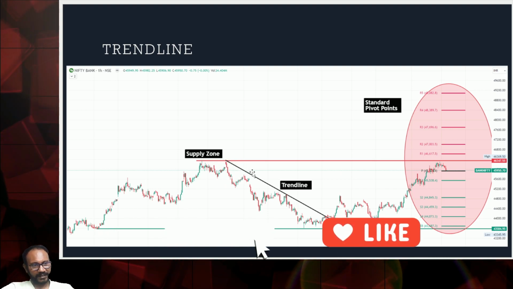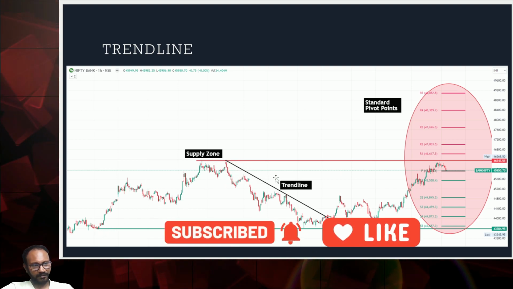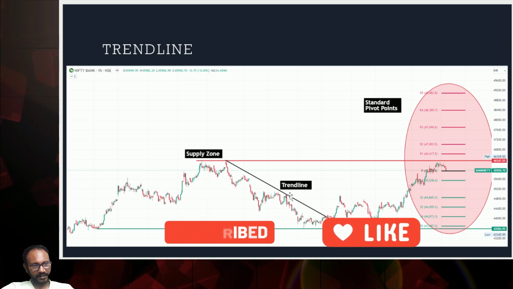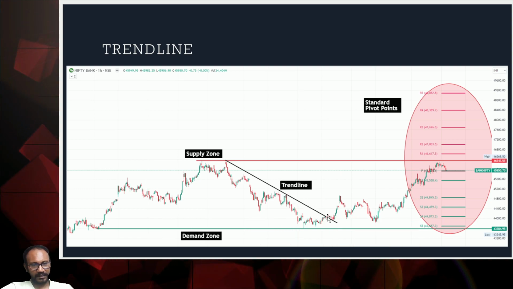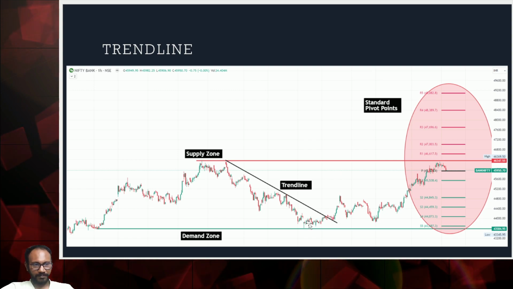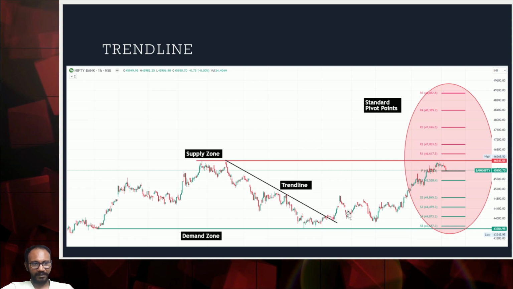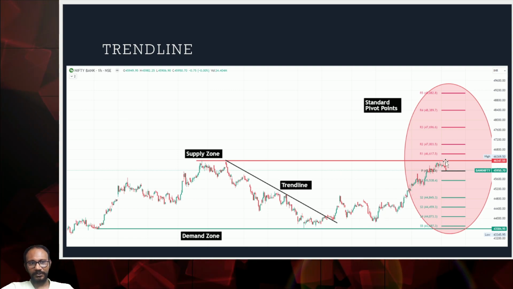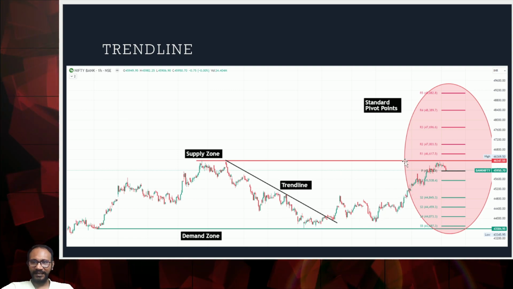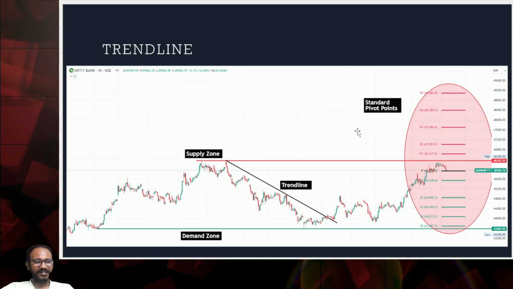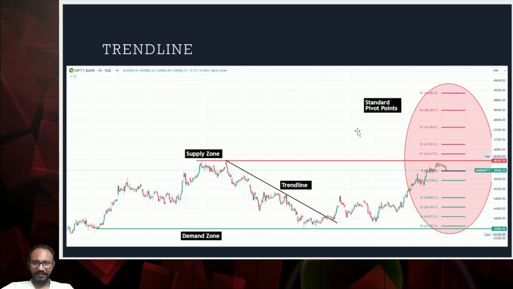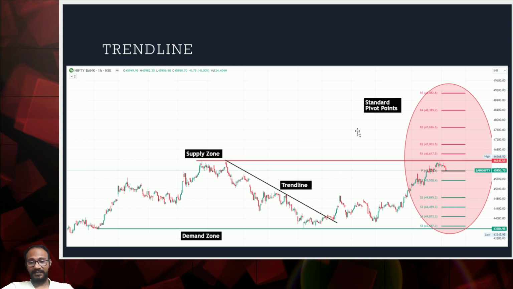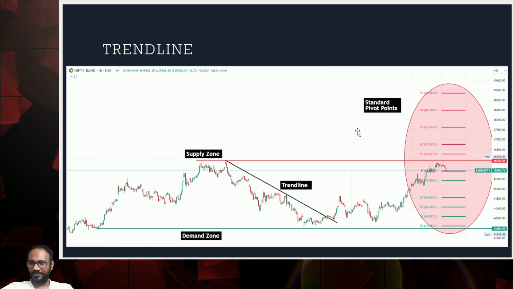And here it is very evident that at the peak of this, there is one more rejection here, one more rejection here, and then there is one more rejection. As soon as it breaks the trend line, it went up significantly, but it never retraced back to this trend line, and the market continued to go up. So a trend line is where the market decides whether it should play within that range, and once it breaks, it indicates a reversal of trend, right?